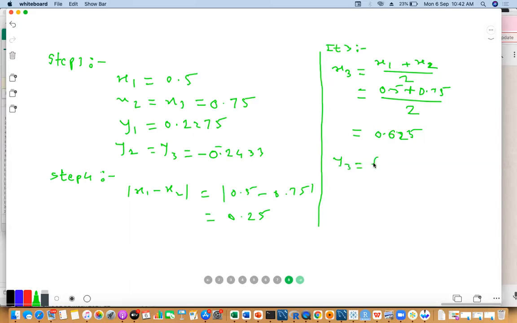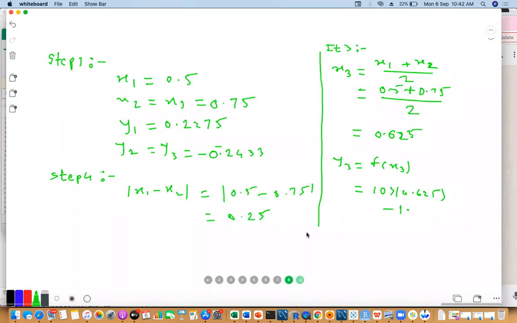We'll put x3 in the function: cos of 0.625 minus 1.3 into 0.625. Cos of x minus 1.3 into x, that is our original function.